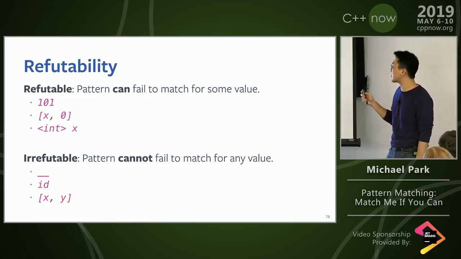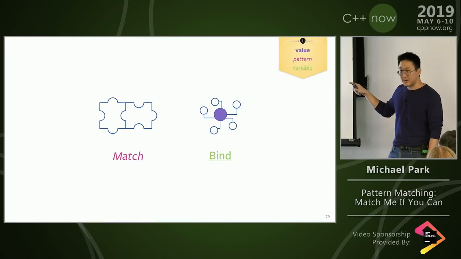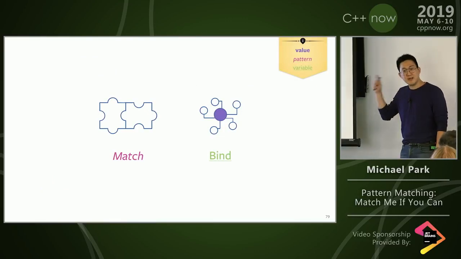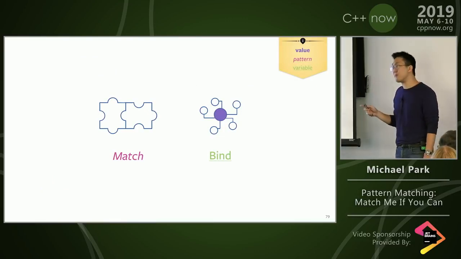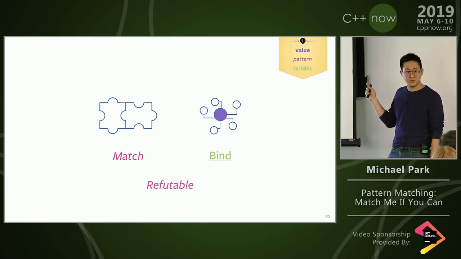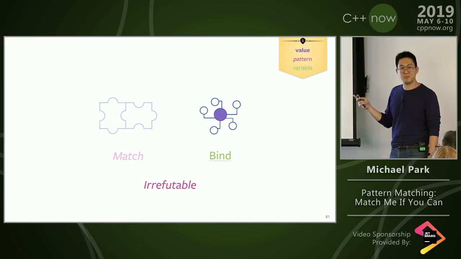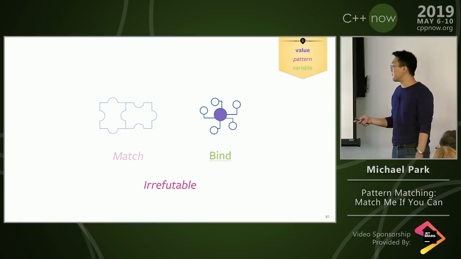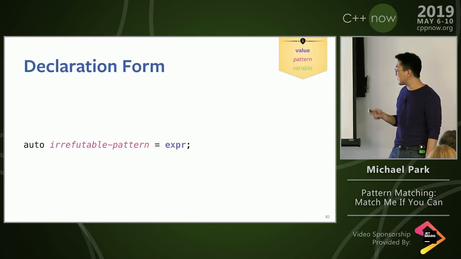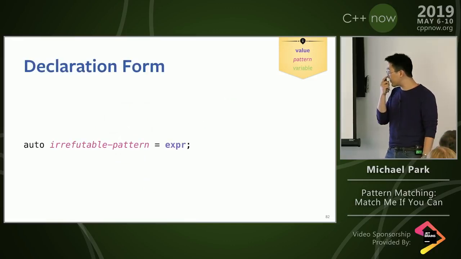So what does this mean? We go back to this, right? This was the essence of patterns. It matches or binds, or it matches and binds. Refutable patterns match and bind, but irrefutable patterns actually don't match at all. They just bind stuff. And if you're only binding stuff, then there's no potential for failure.